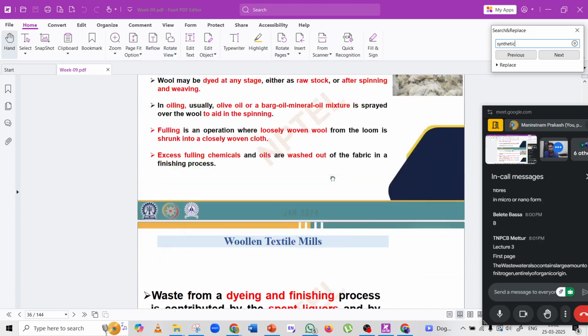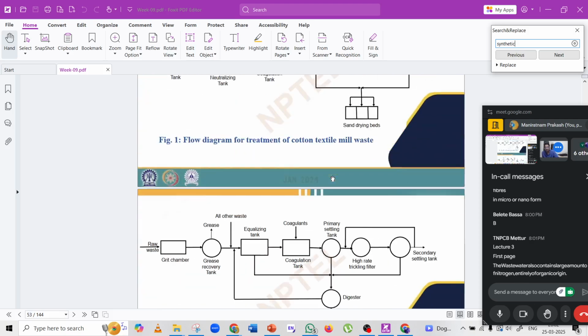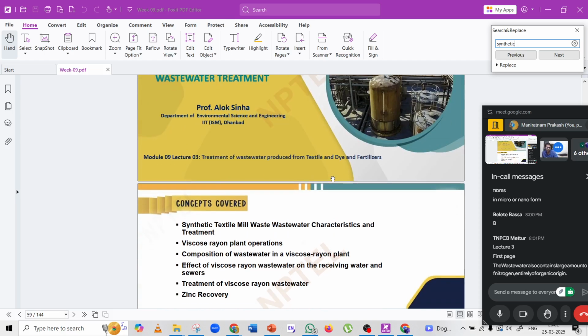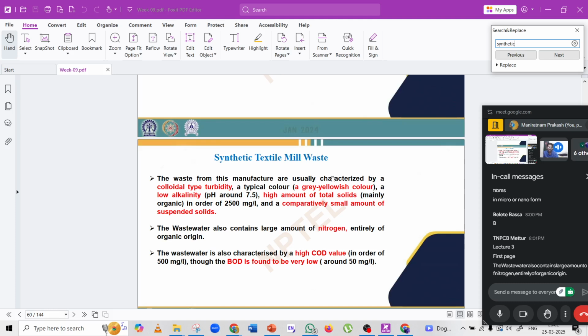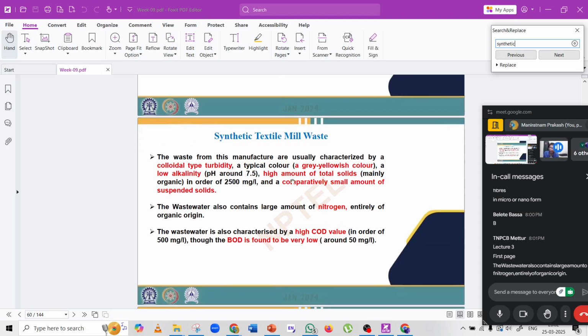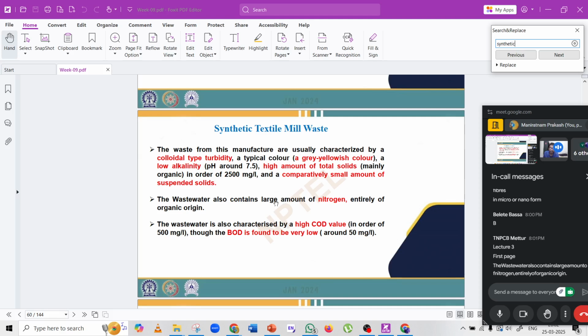Lecture 3, first page. Synthetic, high amount of total solid. They also contain a large amount of nitrogen, entirely of organic nature.